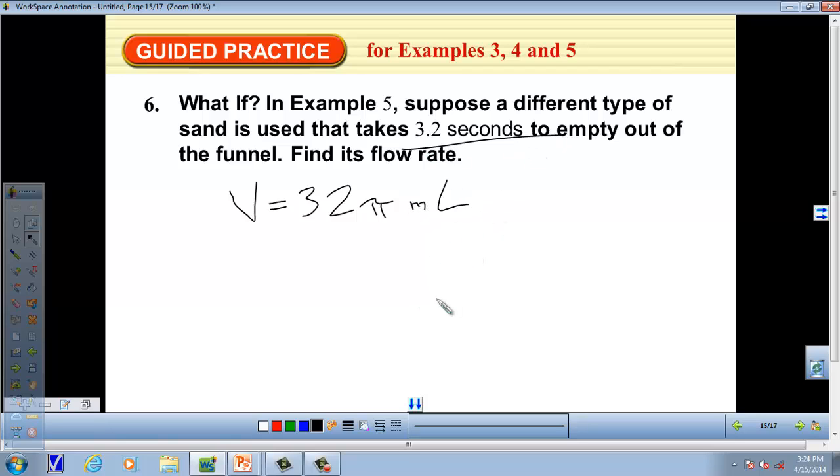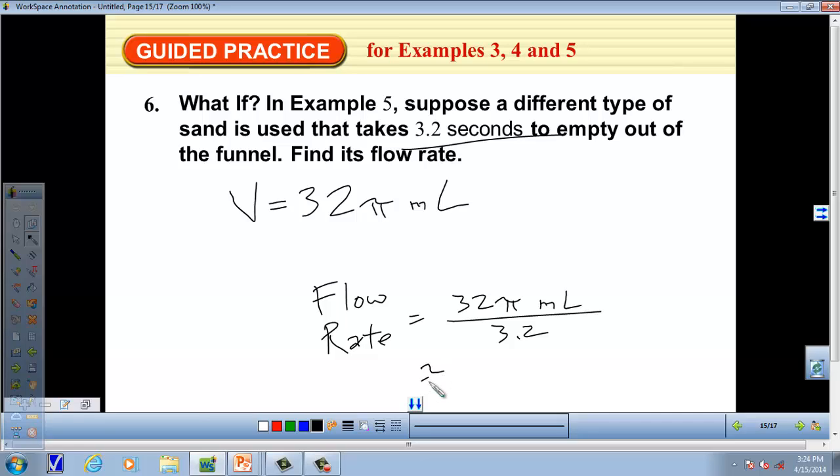And it says it takes 3.2 seconds. So the flow rate would be that 32 pi milliliters over 3.2 seconds. And remember, this was like 100.53 or something, but use the 32 pi.